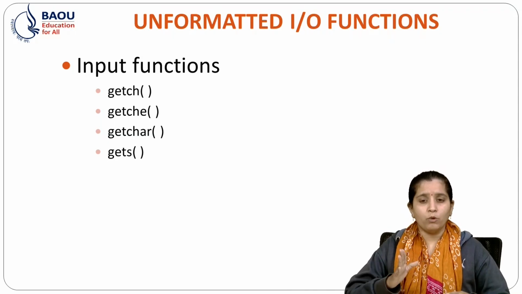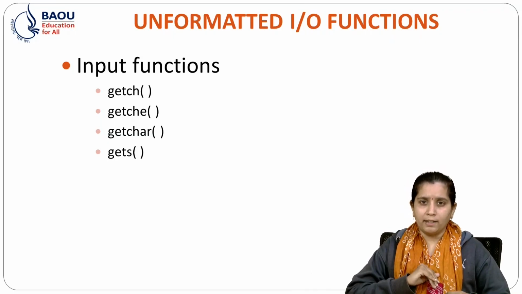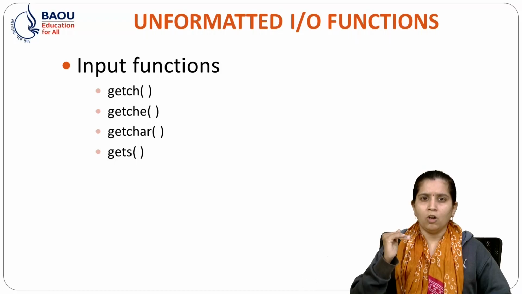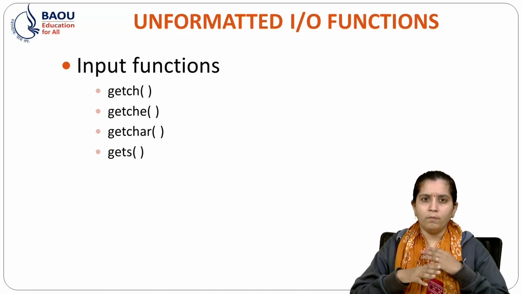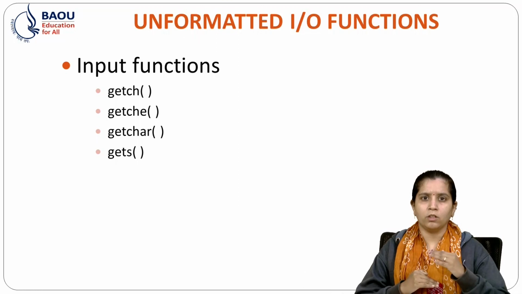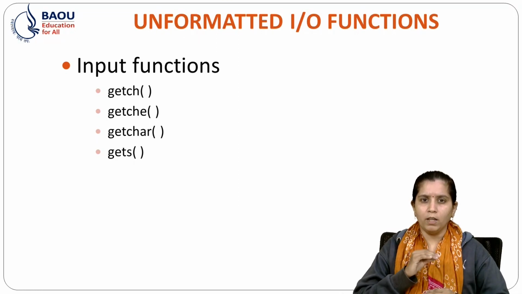Now let's jump to gets. It accepts a string or a group of words from the keyboard at a time, which is not possible with cin or getch. It is used to read a sentence from the keyboard.